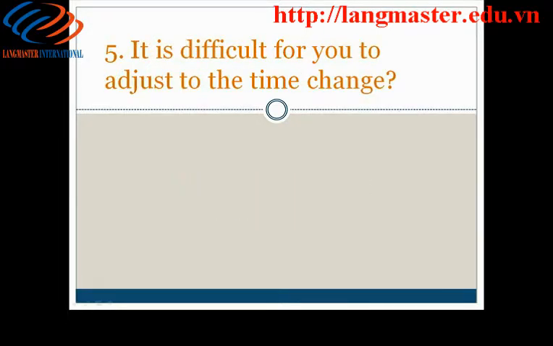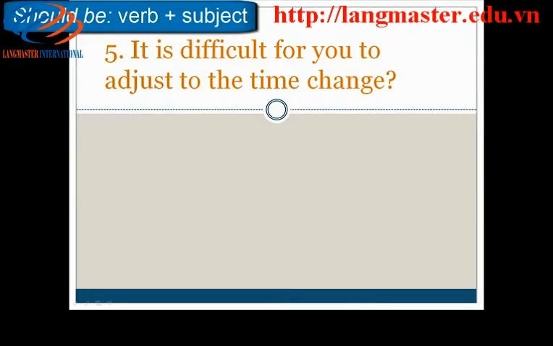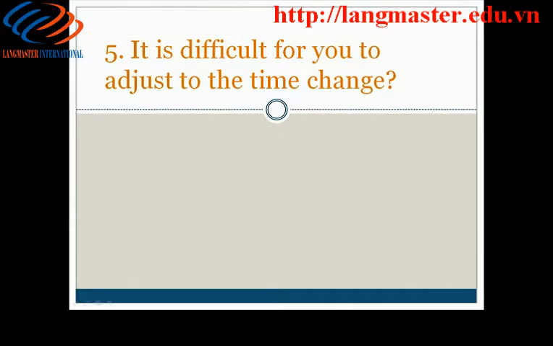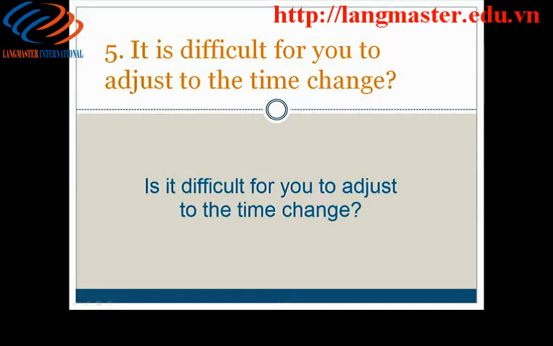Correct the mistake. The mistake is with the word order. This has statement word order. We need question word order. Verb plus subject. The correct question is, is it difficult for you to adjust to the time change?